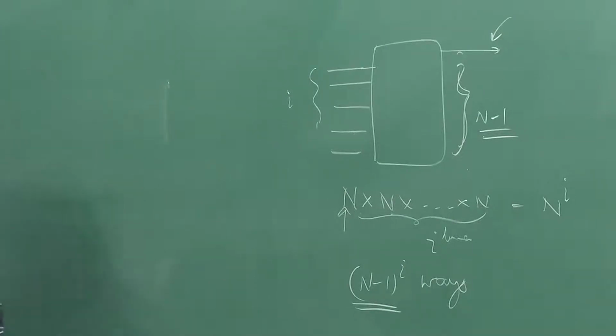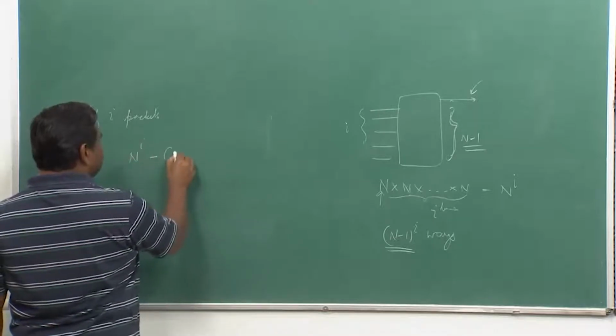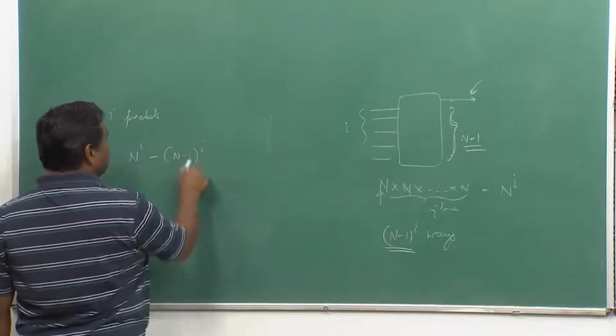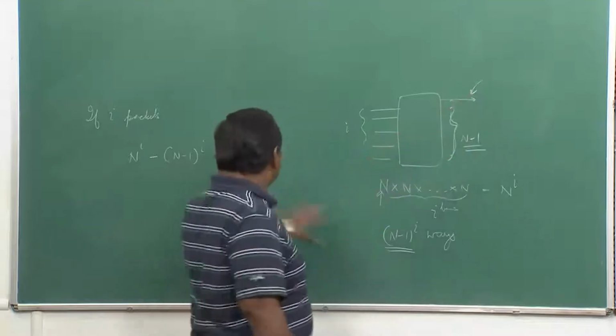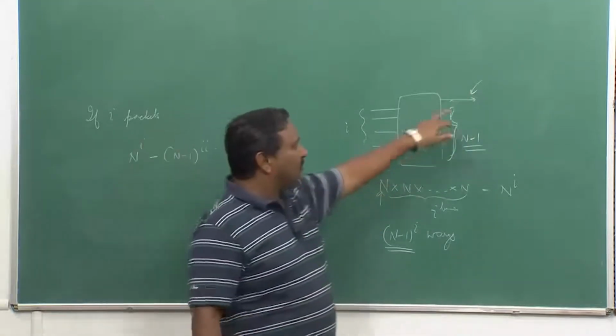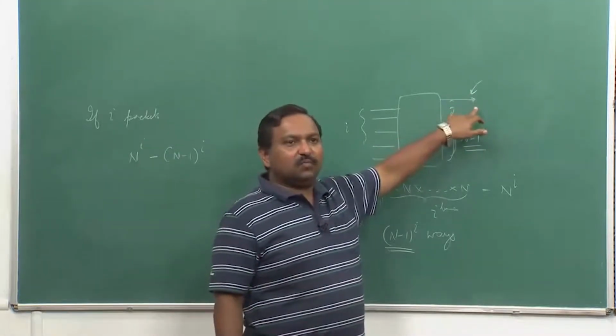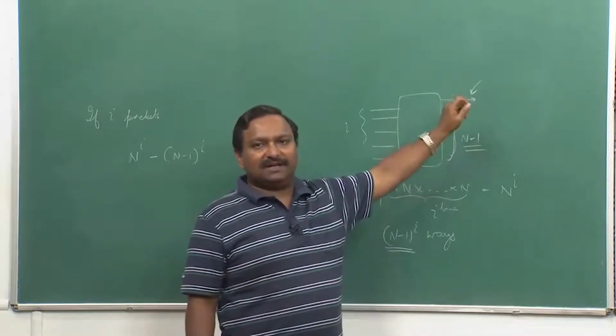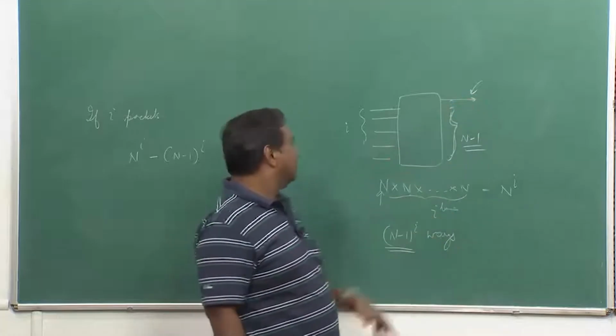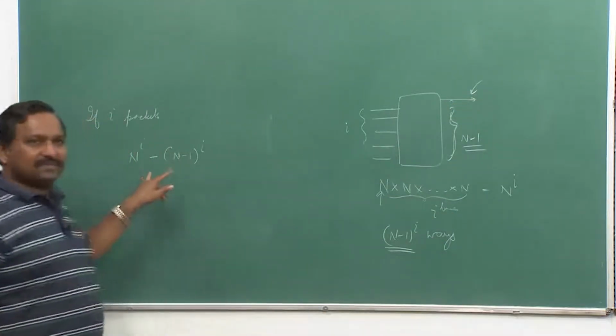So, this implies that n raised power I minus n minus 1 raised power I is the number of ways, the number of patterns, in which this specific output will always be there. At least one packet will be mapped to this. So, these are those many number of ways.